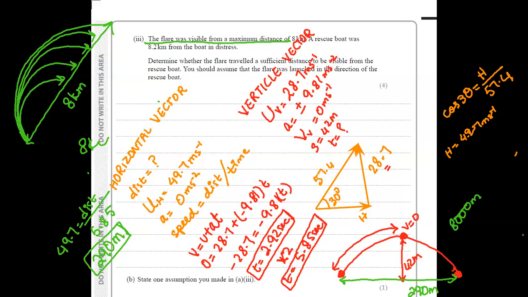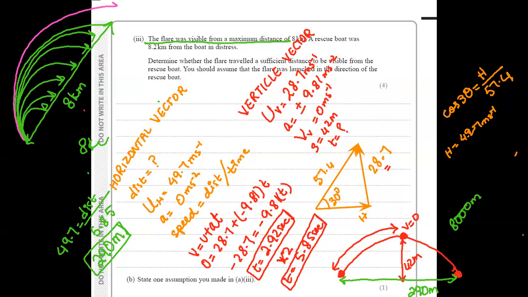Meaning that when the flare goes up and it comes down, the maximum horizontal distance we can have is 8. Right? We cannot have more than 8. If my flare travels greater than 8 kilometers, if it goes too far away, the rescue boat will not be able to see it.